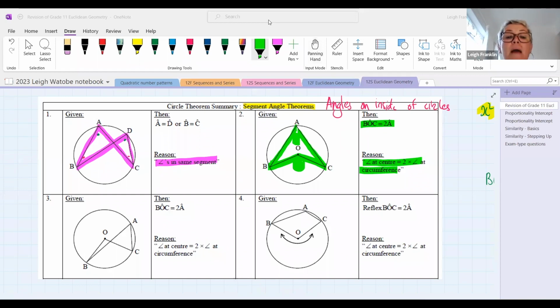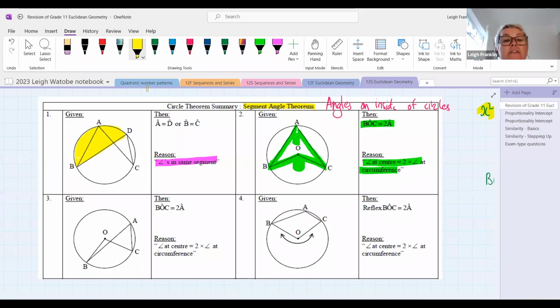There's a question. Ma'am, what is a segment? A segment is a piece of a circle. If I get rid of my bow tie over here, a chord cuts a circle into segments. So chord BD cuts the circle into these segments. The smaller segment I'm highlighting in yellow, that's a segment.